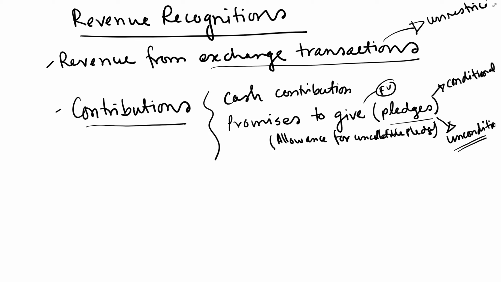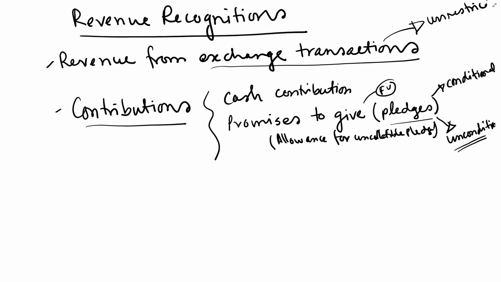If you see that those conditions are very certain, that it is certain the conditions will be met, then sometimes not-for-profit organizations can treat it as an unconditional pledge. But if there is uncertainty and you are not sure whether the conditions will be met, then you have to record it as a liability.